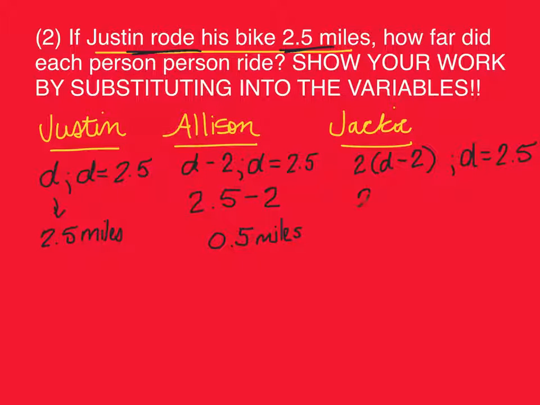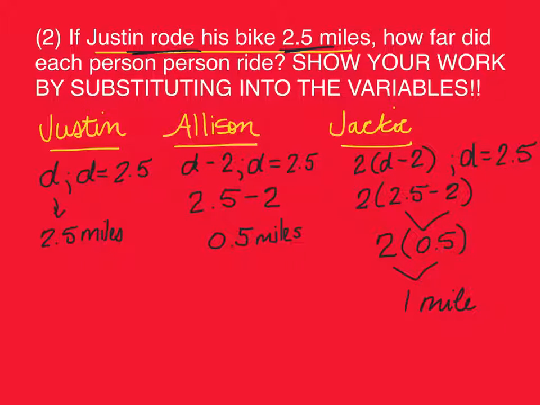And now we substitute in 2 times the quantity of 2.5 minus 2. We now follow our order of operations. We know that we do inside the parentheses first. 2 times, well, 2.5 minus 2 is 0.5, or a half a mile. 2 times the half mile. We should know that if we double a half mile, we end up with 1 mile.